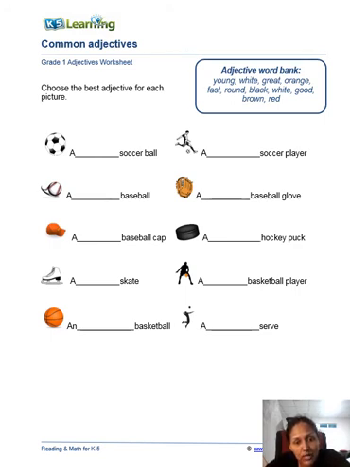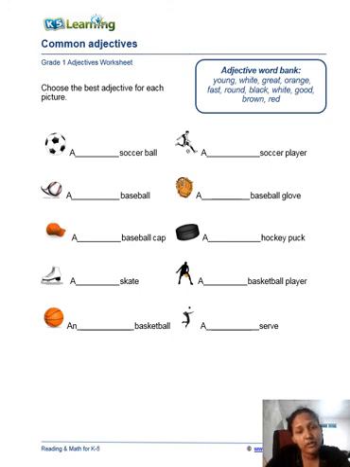And the next one is a baseball glove. You know the gloves we used to wear on our hands? Baseball glove. It's brown in color, so we can say a brown baseball glove, right? And also a hockey puck.